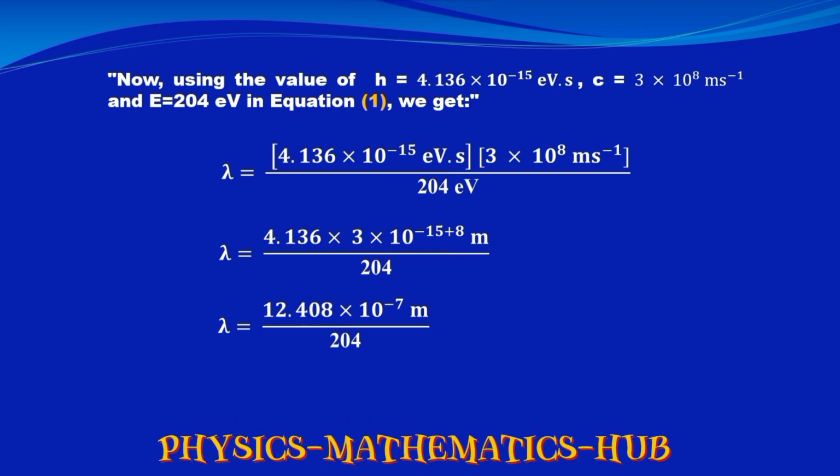Multiplying 4.136 and 3, we get 12.408 × 10^-7 meters divided by 204. After simplification, we get lambda = 0.0608 × 10^-7 meters.